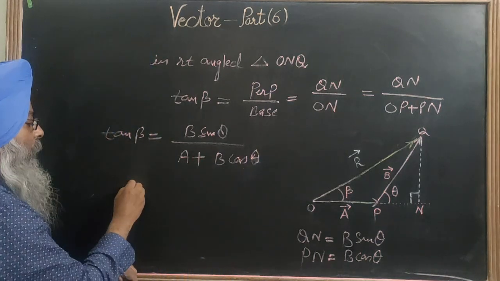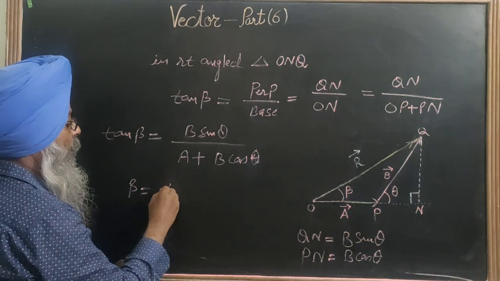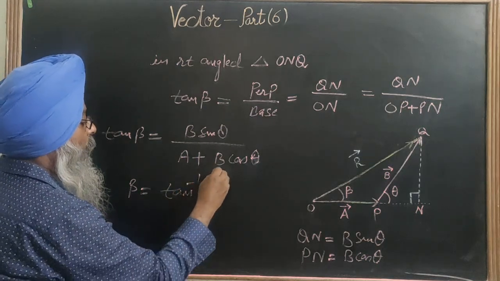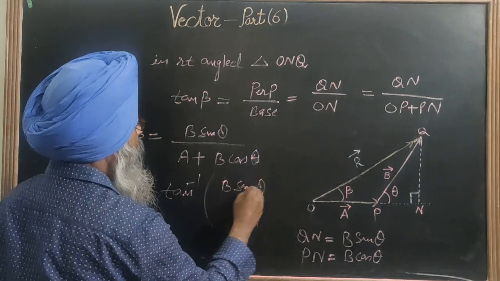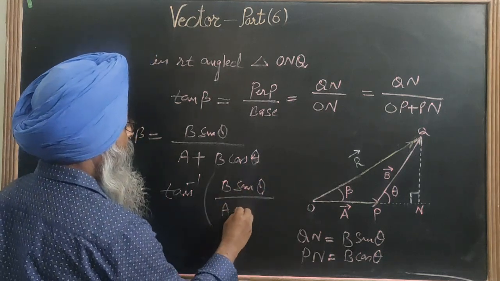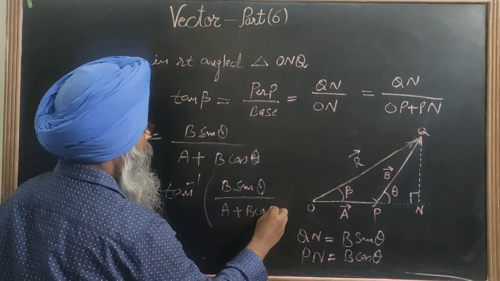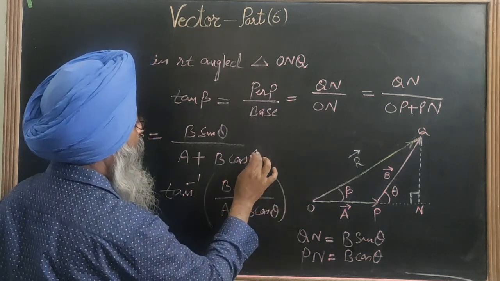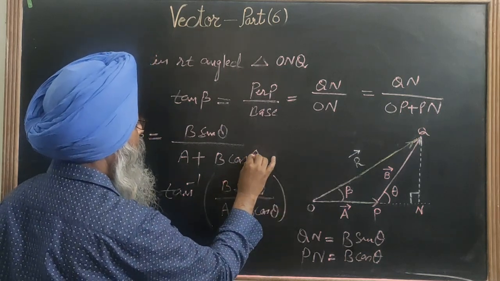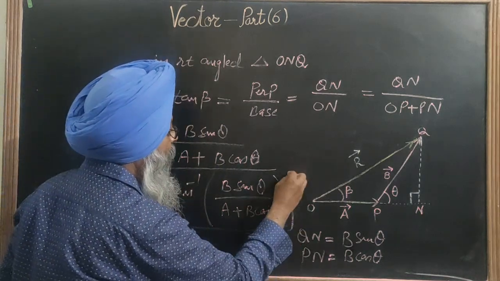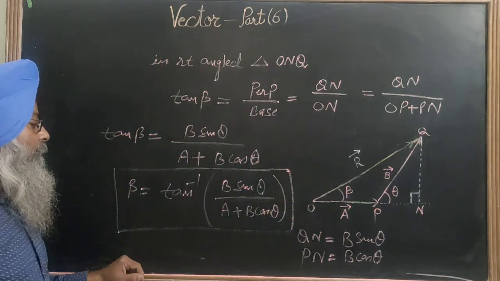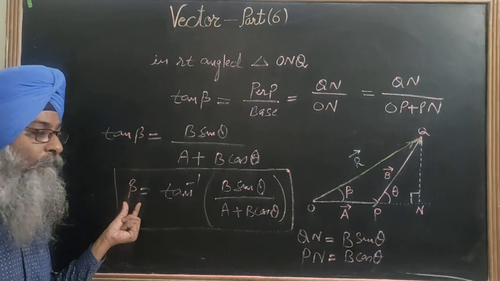Or you can write beta is equal to tan inverse of B sin theta divided by A plus B cos theta. Now this is the formula to calculate the value of angle beta.